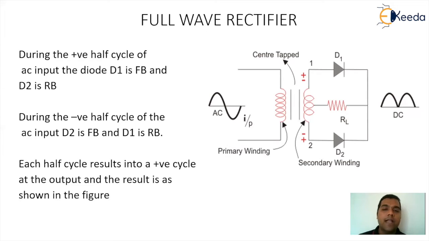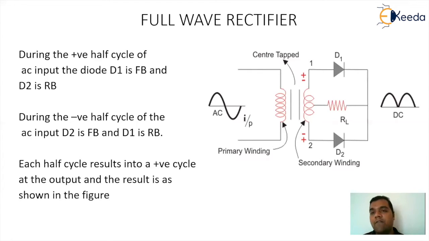So what has actually happened here, we have converted the negative cycle into a positive cycle, and we have retained the positive cycle as it is. Obviously, the voltage level is not the same as what we had at the input. The input is a very high voltage because the input is a 230 volt 50 hertz signal, and on the secondary side we are having an effect of step down.